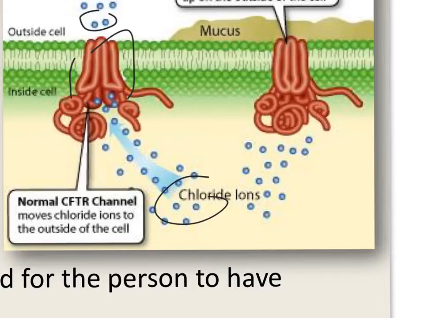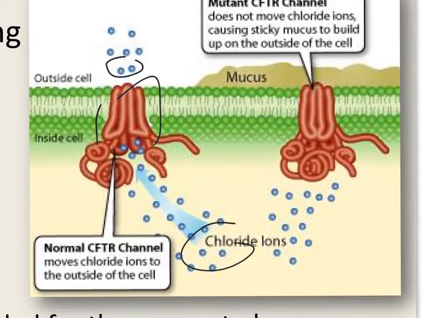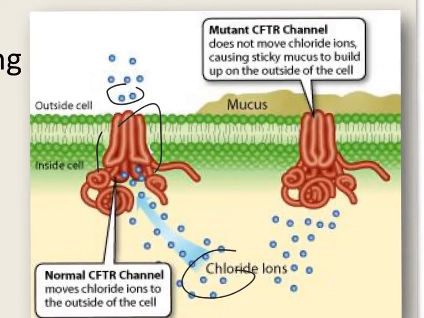Now, the trouble is that the channel does not move chloride ions, so the mucus, in the way it is expressed, is very thick and viscous on the outside of the cell.